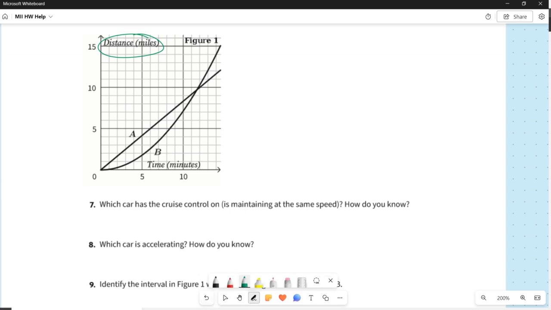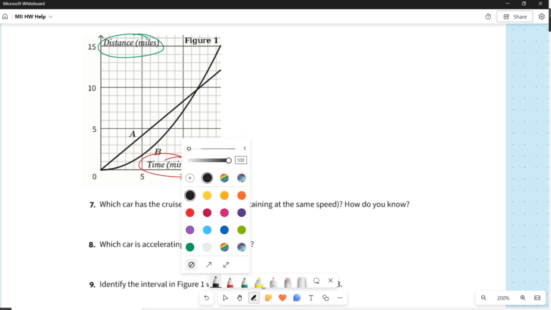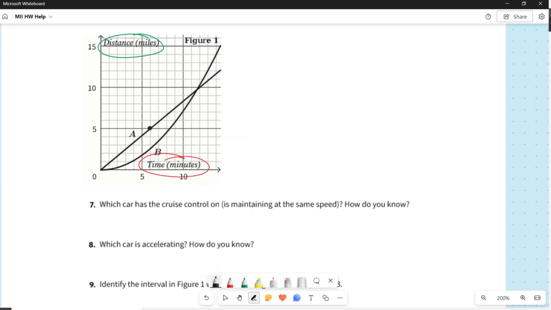If you think about what's happening with the slope of this line, let's say we want the slope between, it doesn't really matter, this point and that point right there on this line.